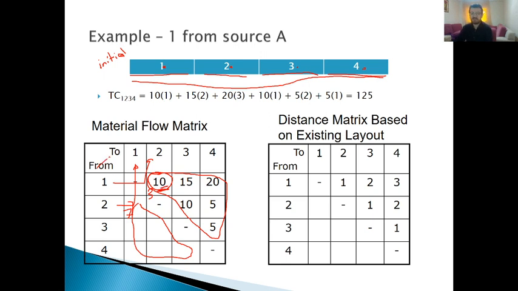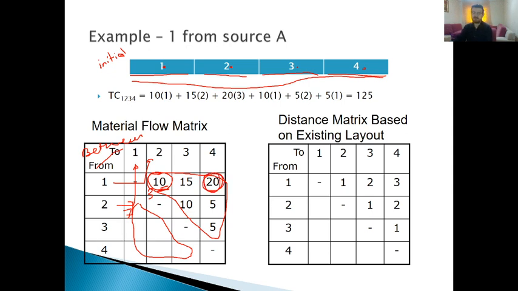Okay, now this distance matrix is actually kind of between. Okay, so when we look at this flow matrix, we immediately see that between departments 1 and 4 there is a high traffic.